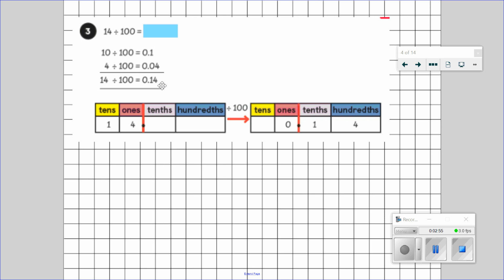And we can see a pattern happening if we look at it with a place value chart. Here's our 14. It starts off with a 1 in the tens column and a 4 in the ones column. But when it's divided by 100, we can see the 1 that started in the tens has moved to the tenths, and the 4 that started in the ones has moved to the hundredths. Both numbers have moved along 2 places.